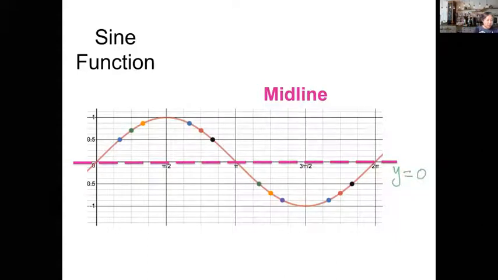I need you to remember, we always observe how amplitude, period, and midline change. That indicates how the given sine function has been transformed from the parent function into that equation, okay?